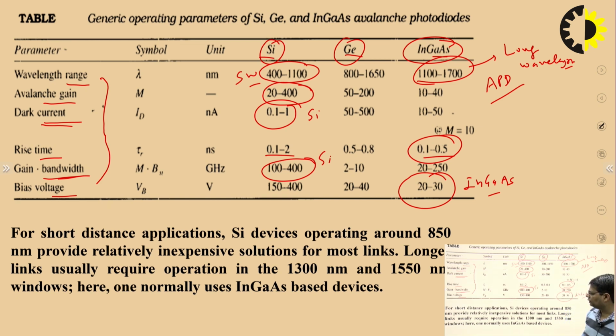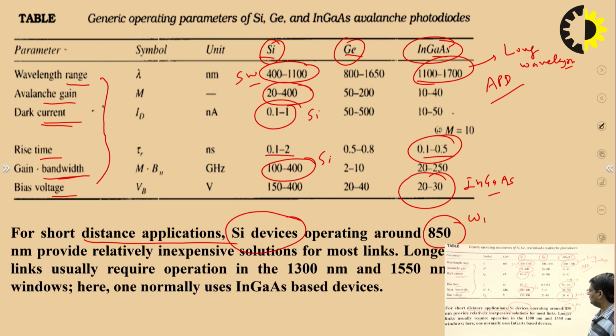So based upon operating wavelength region, we can decide that for short distance applications, and if we are operating around 850 nanometer, that is window 1, then the silicon based devices, that is silicon based photodiode, gives the best performance.